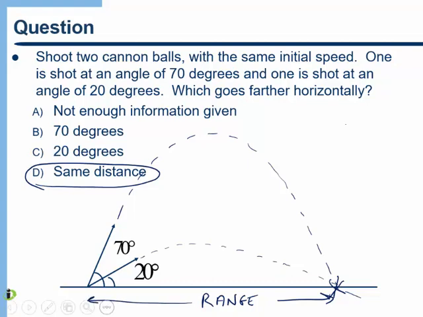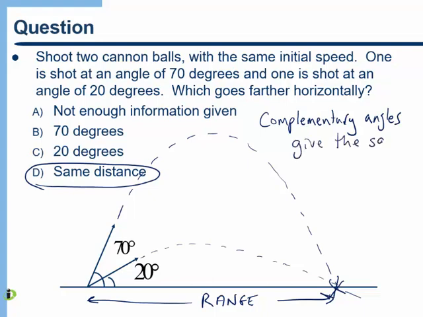And what we'll be able to show over the next few videos is that complementary angles give the same range. And just in case you don't remember, complementary angles are angles that add to 90 degrees. So a 70-degree angle and a 20-degree angle will give the same range.